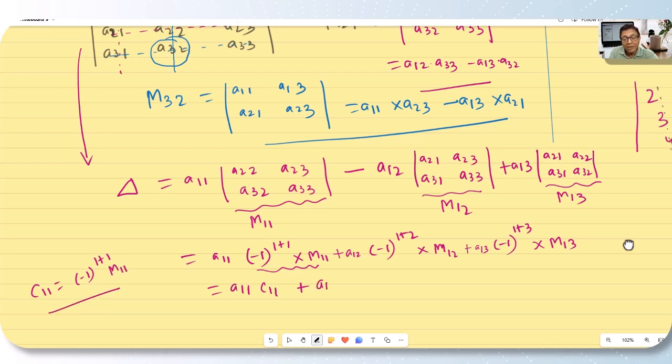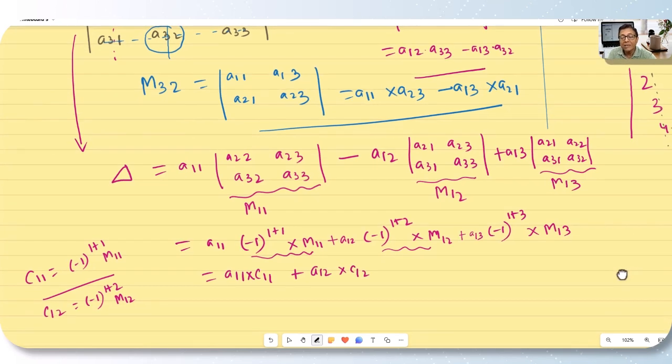This we can write as A12 into C12, because this is C12, minus 1 to the power 1 plus 2 M12, and this is A13 C13, because C13, minus 1 to the power 1 plus 3, is positive, M13. Hope you have understood.